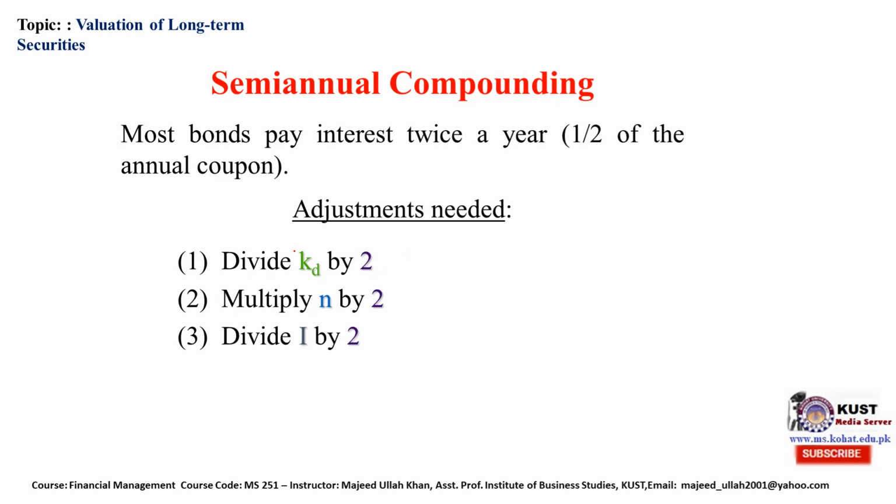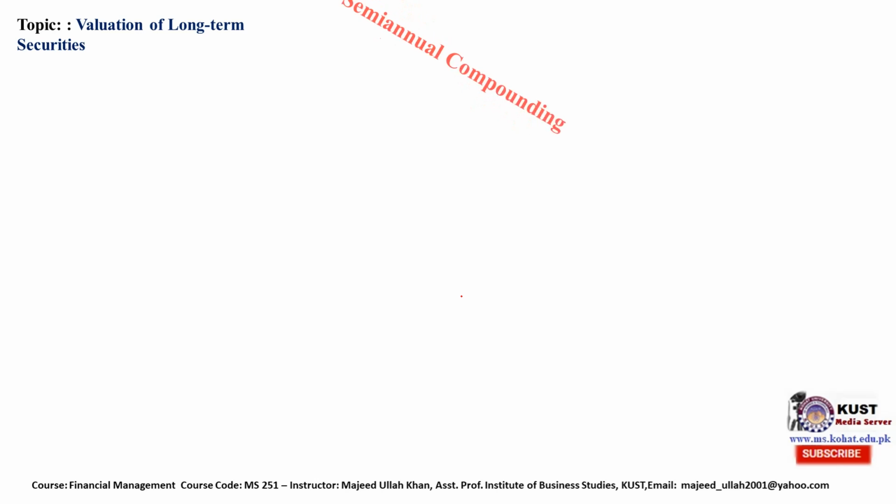So we will divide the required rate of return by 2, multiply the number of years by 2, and divide the interest by 2. Then we will use the same formula as in the earlier lecture to find the intrinsic value of the bond.